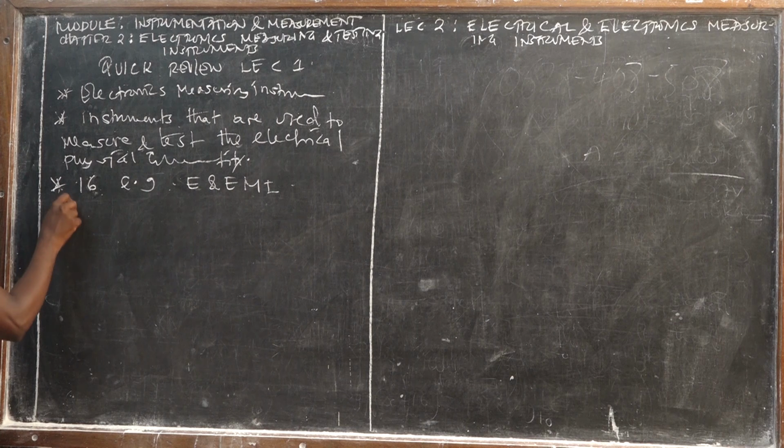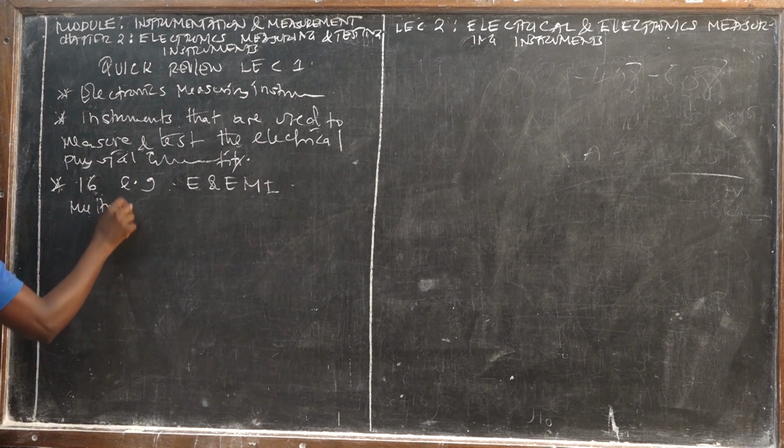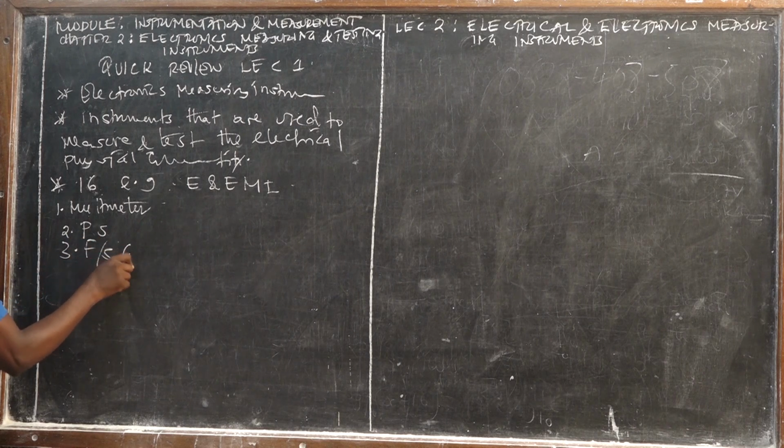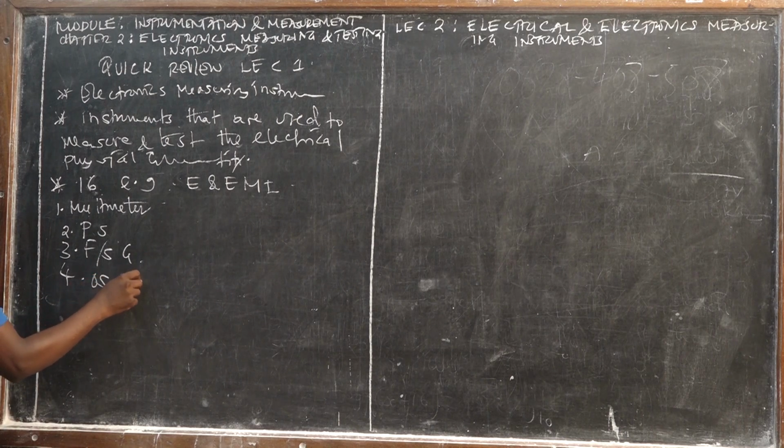The first one is called the multimeter. The second one is the power supply. The third one is the function or signal generator. The fourth is the oscilloscope.